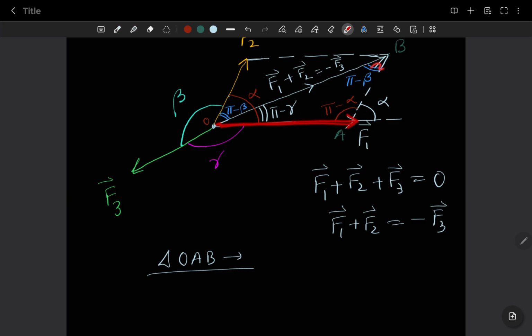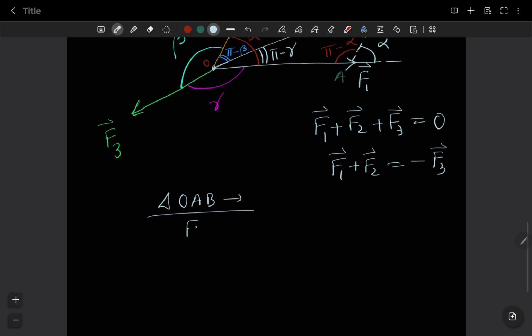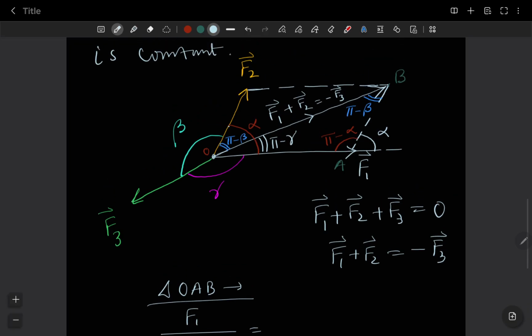So the opposite angle of this is pi minus beta. So we can write F1 by sin(pi minus beta) equals, now let us take F2. This length will be F2.